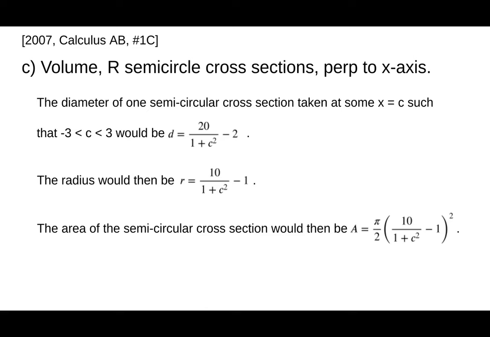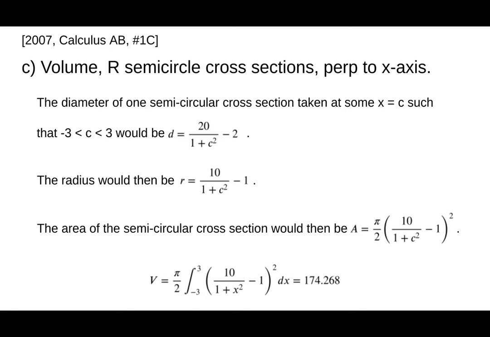That would get me the area of a full circle, though, and I don't want that. So I'm going to divide by 2 again, and we get the area is pi halves times our radius expression squared. So I just need to integrate that from negative 3 to 3, so the volume would be pi halves times the integral from negative 3 to 3 of 10 over 1 plus x squared minus 1, squared, dx.